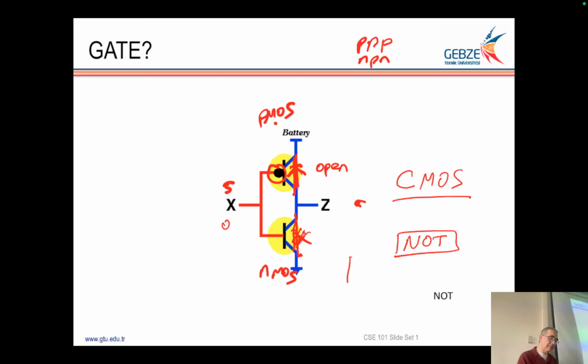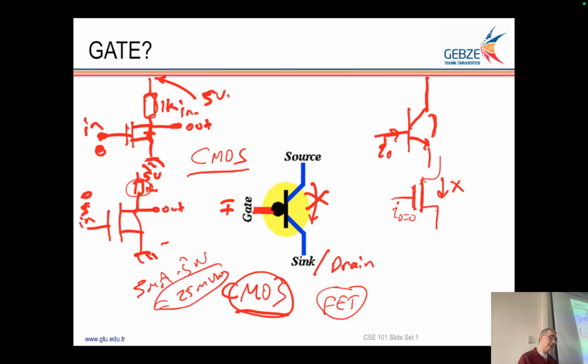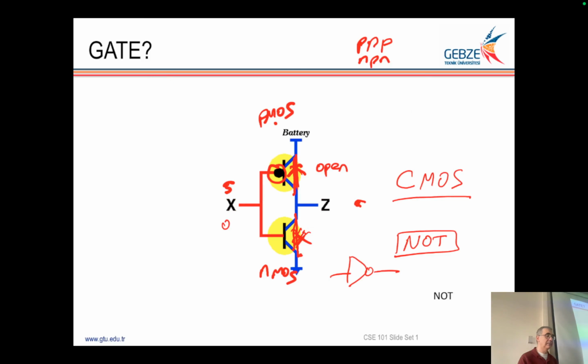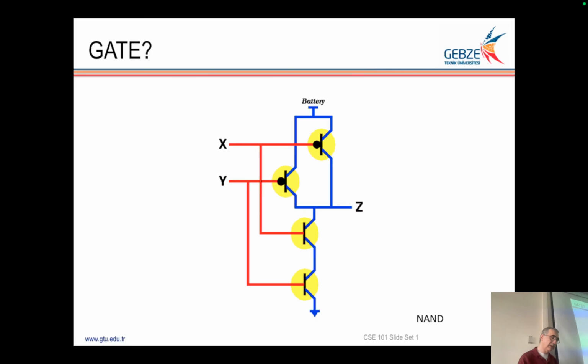The symbol is this. Okay? So without resistor. This was with the resistor. It consumes power.